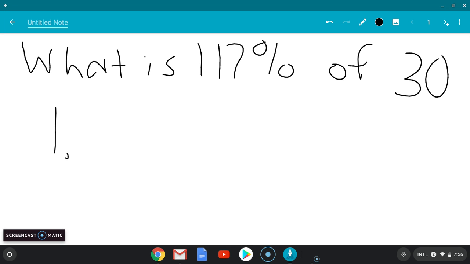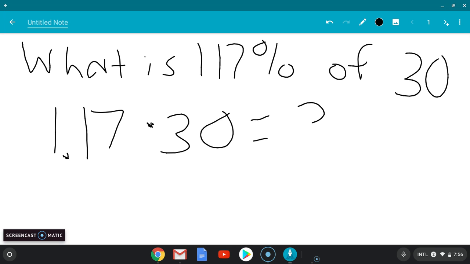It becomes 1.17. All right, so be careful where your decimal is. Just 2 spaces to the left. And we multiply that by 30. So we do 1.17 in our calculator times 30. And we end up with 35.1.